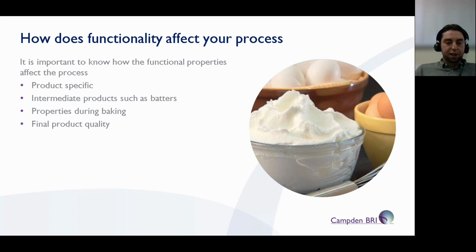So just to reiterate these points, it is specifically for your product is useful to understand what functionality properties are important, and not just important for your final product, but important for your intermediate products, such as batters.